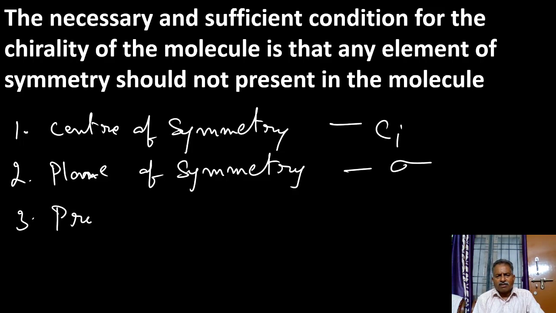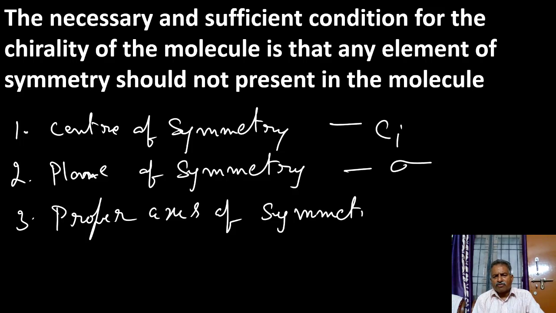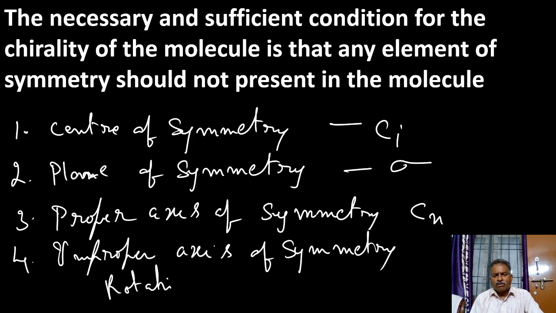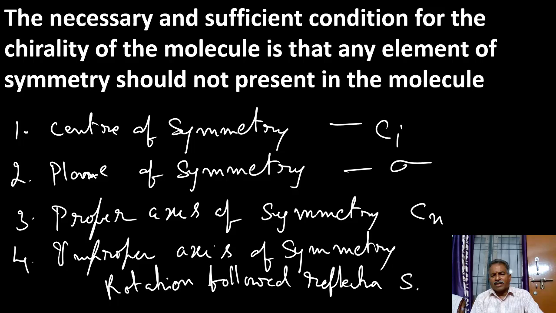The third one is the proper axis of symmetry, Cn. And the fourth one is the improper axis of symmetry, or rotation followed by reflection, denoted by Sn.